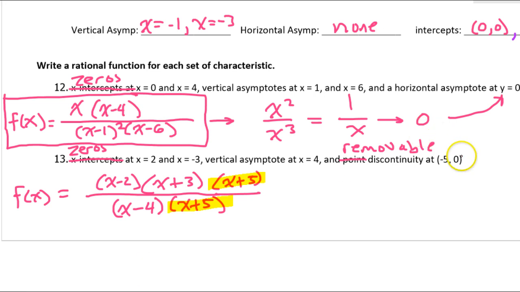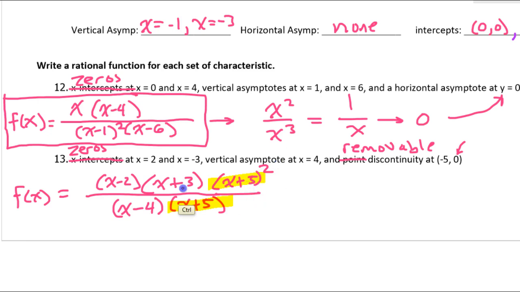So that's close, but not quite. So how can I modify this so that I can get a 0 instead of -14 over 9? Well, here's what's necessary. I need an extra x plus 5 in the numerator.